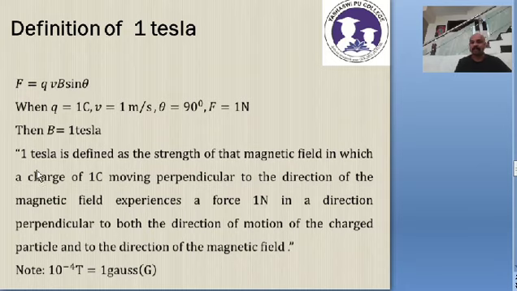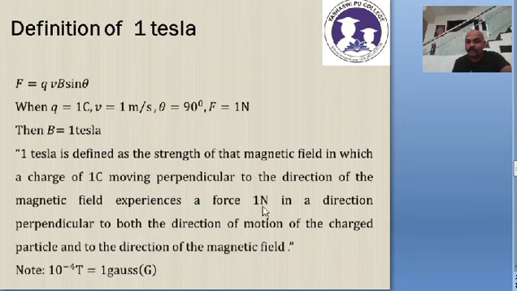So that means 1 Tesla is defined as the strength of that magnetic field in which a charge of 1 coulomb, moving perpendicular to the direction of the magnetic field, where theta is 90, experiences a force of 1 Newton in a direction perpendicular to both the direction of motion of the charged particle and the direction of the magnetic field.